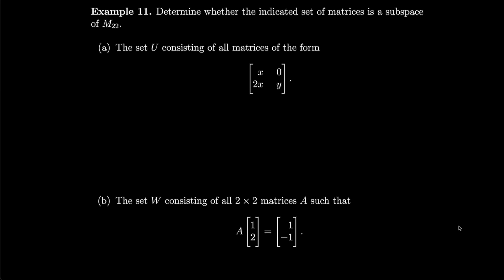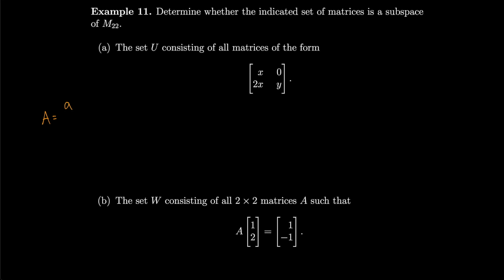So now first we have the set U consisting of all matrices of the form [x, 0; 2x, y]. So how about we look at a general matrix A, and instead of x and y, I'll just use, let's say, a and b.